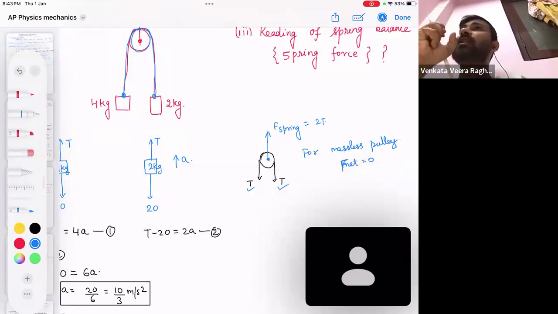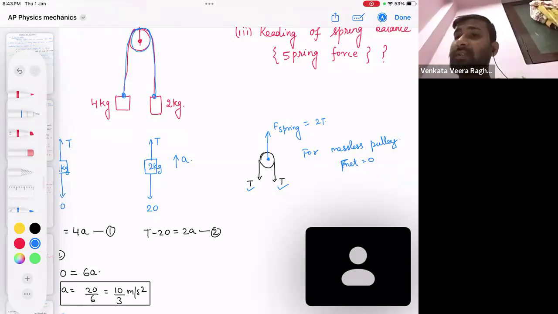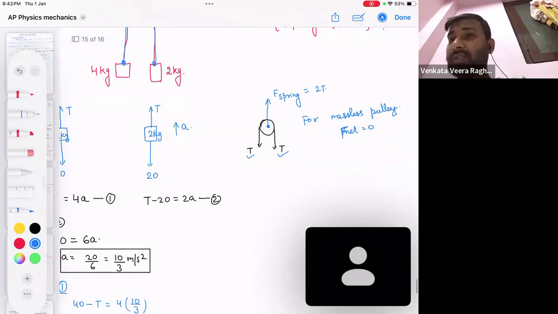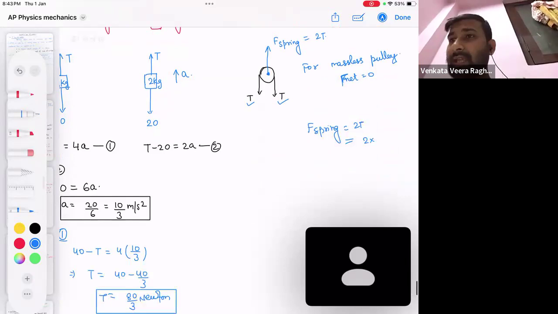So if downward force is T and T, then the upward force should also be 2T. So here the spring force will be 2 into T. And what is the tension we have calculated? 80 by 3 Newton. So 160 by 3 Newton is the spring force we got.